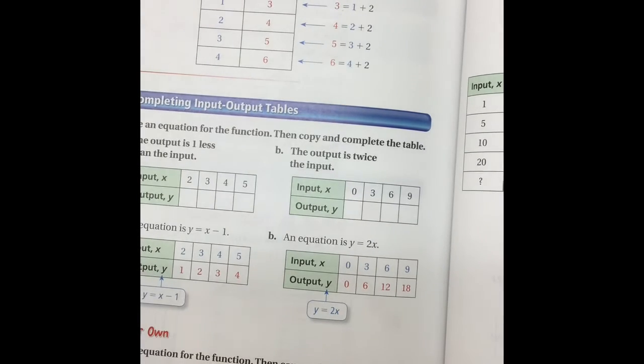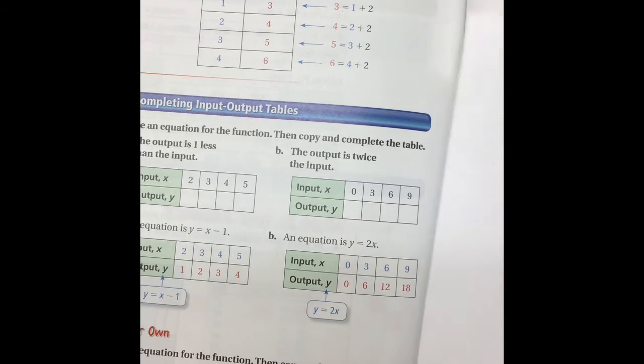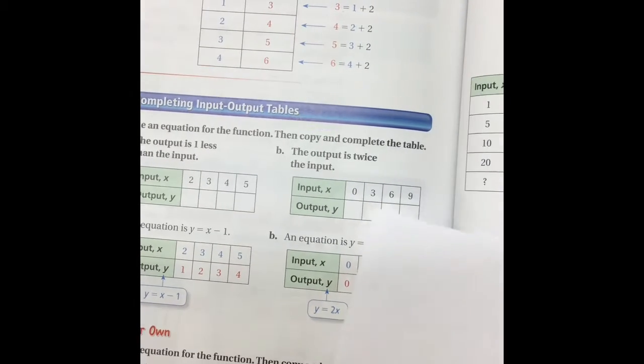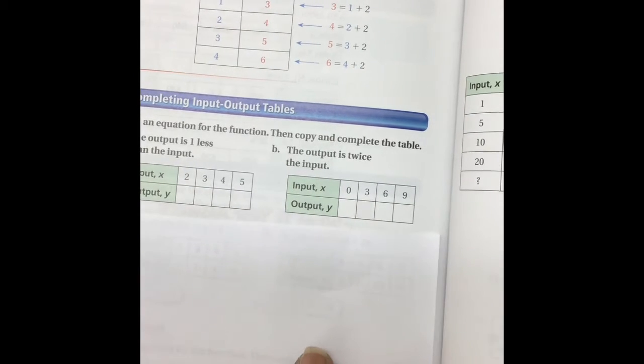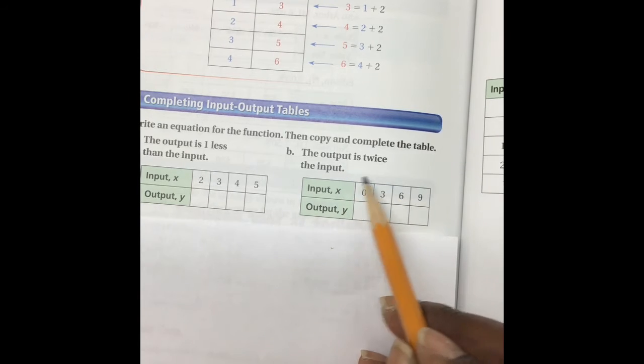We're going to find us a sheet of paper. Now, it says the output is twice the input.